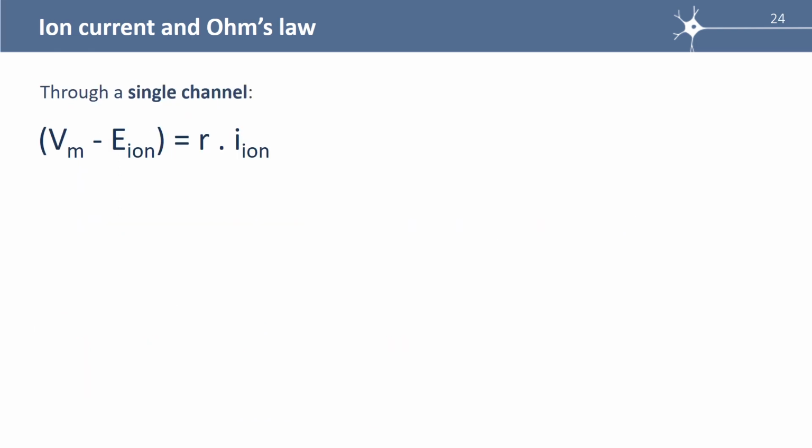Here is Ohm's law again, and we will transform it because in neurons we like to calculate the current. So we will introduce a new variable called gamma. R equals 1 over gamma. Gamma is the inverse of the resistance. It's called the conductance. The unitary conductance is expressed in Siemens.